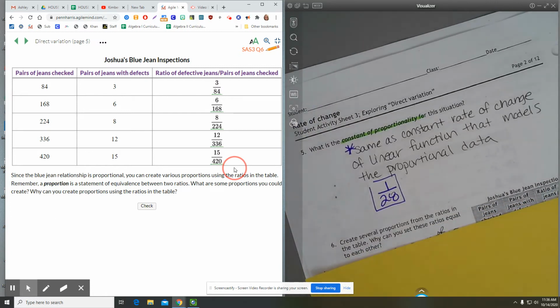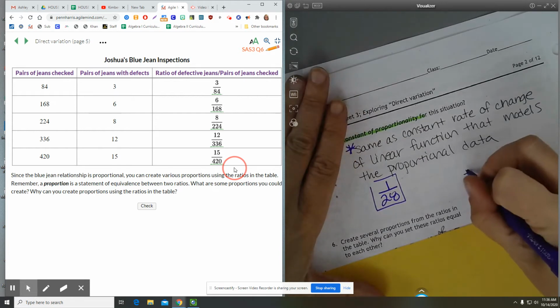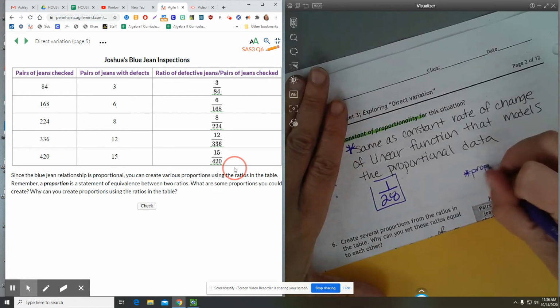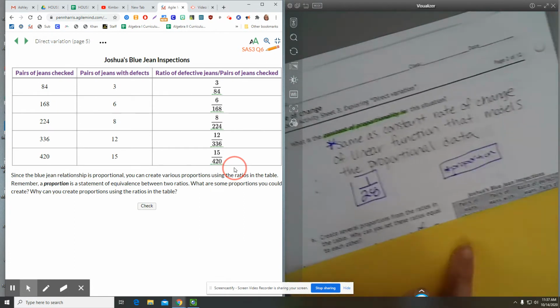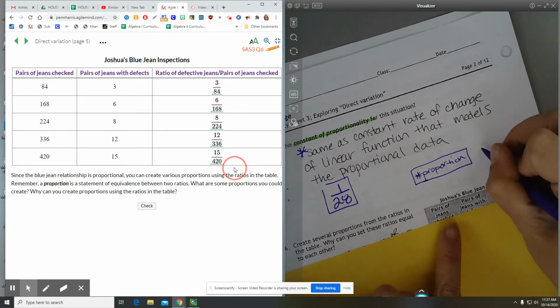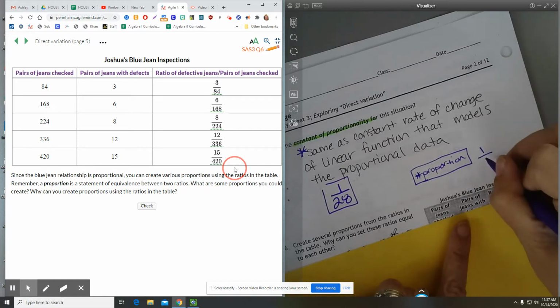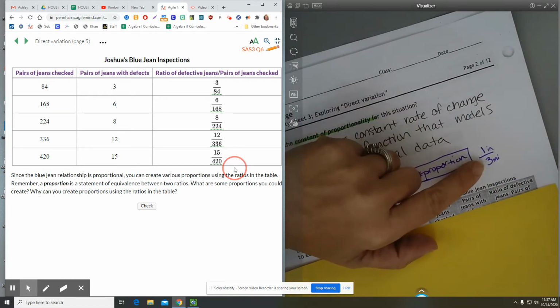Question 6. They want us to create several proportions with this. Guys, a proportion, going back to what we said on the other side, maybe you remember this from middle school. Maybe it's like when we say 1 inch equals 3 miles on my paper, like on a graph. 1 inch on the graph is equivalent to 3 miles in real life.